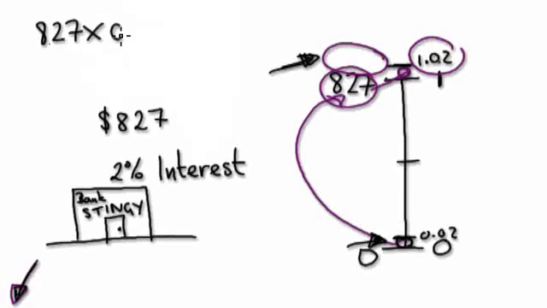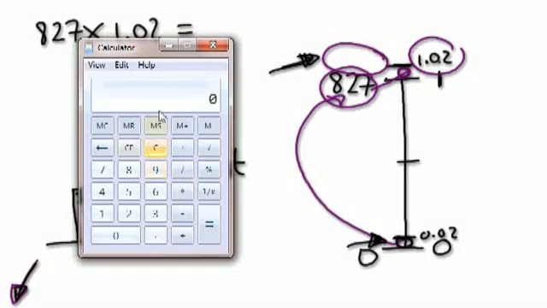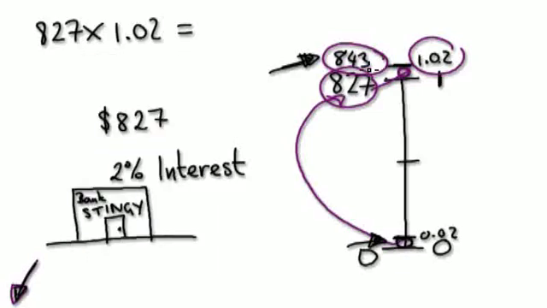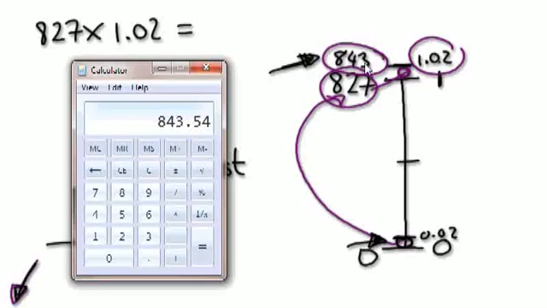827 times 1.02. That equals, hang on, clear it. You can do 1.02 first. 1.02 here times the original amount 827 equals 843.54.